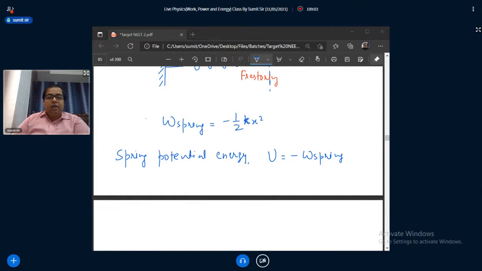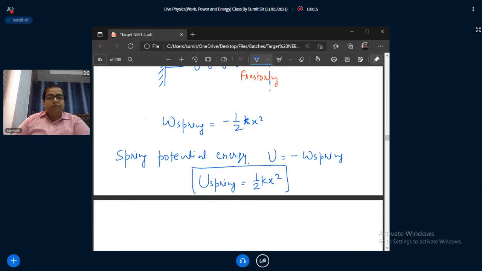So I have potential energy of spring as half kx square. Okay, remember this point. It's very useful.